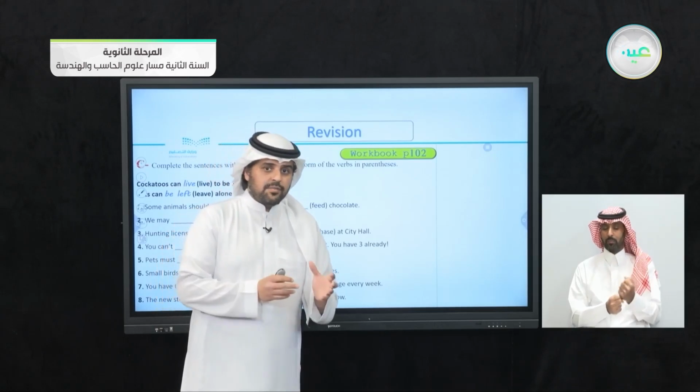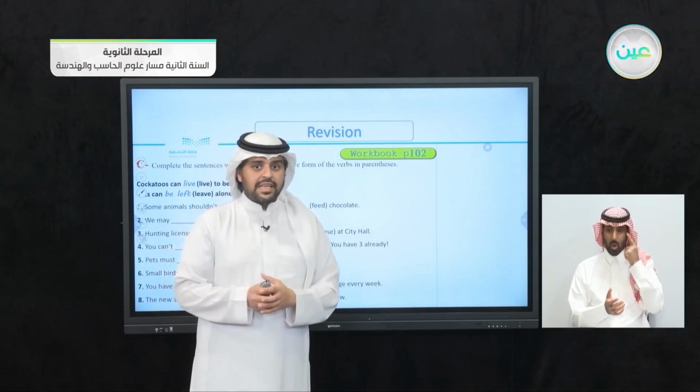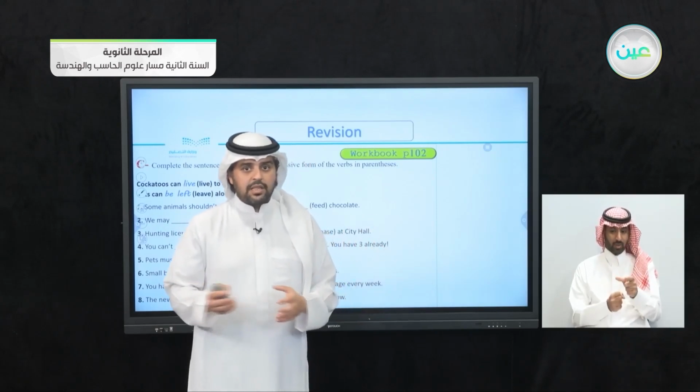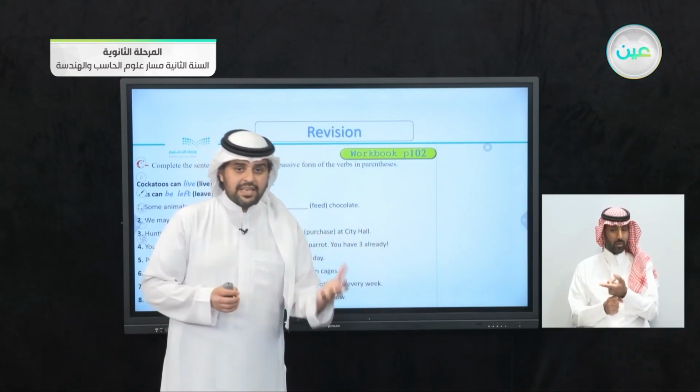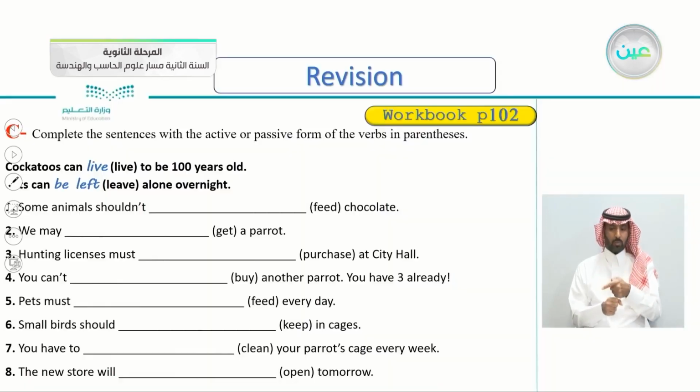So some animals shouldn't. Is it active or passive here? Is the subject there? Is the object there? There are many clues to decide whether it's an active or passive sentence. So again, number one, some animals shouldn't be fed chocolate.